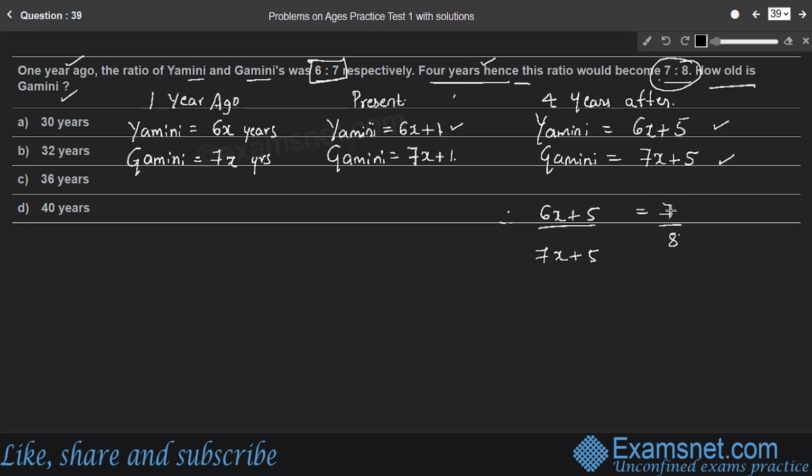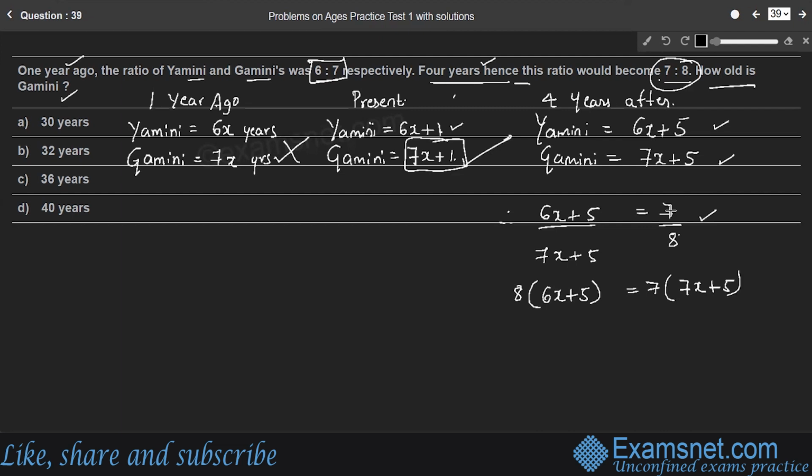Now the question is, how old is Gamini? We need to find Gamini's age. Not 7x, but Gamini's present age, 7x plus 1. So simplify it: 8 into 6x plus 5 is equal to 7 into 7x plus 5.